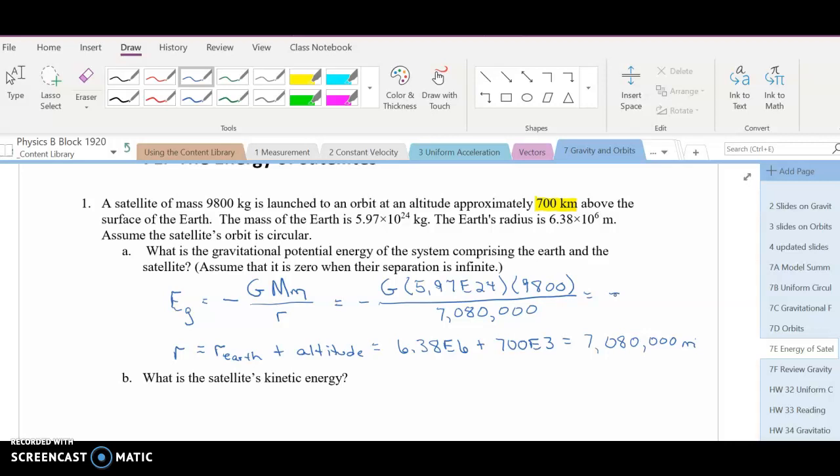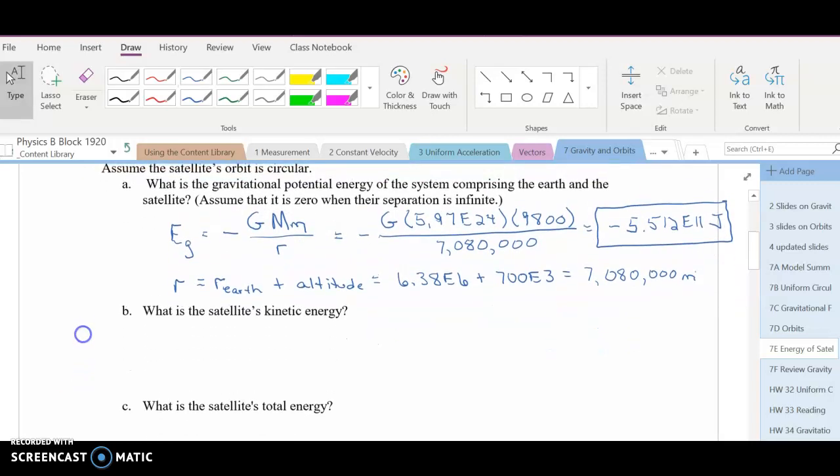Sorry, I messed up the first time, I had a little flat finger on my calculator. So I get negative 5.512 times 10 to the 11th joules. So that's the gravitational potential energy of this satellite.